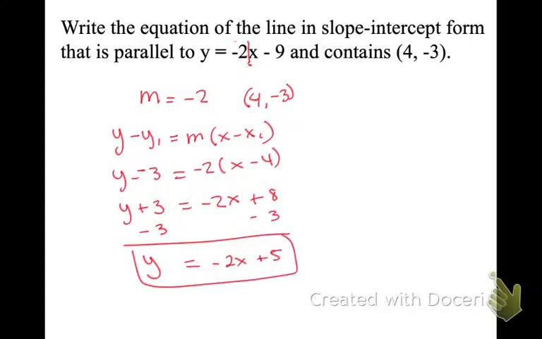So here's the equation of a line. It is parallel to this, only the line goes through (4, -3). So when we start to graph it, we end up going like that, and it's parallel to this one, which is all the way down here.